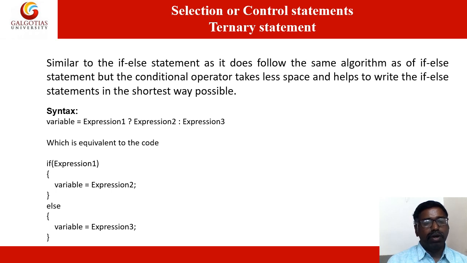If expression 1 is true, variable = expression 2, else variable = expression 3. That is the meaning of the ternary operator, and its equivalent if else code is given here. Expression 1 is the condition you need to check, expression 2 is for the true part, and expression 3 is for the else part.